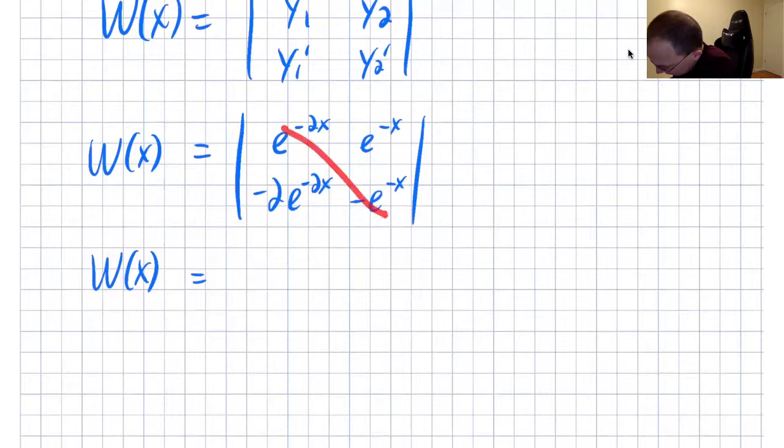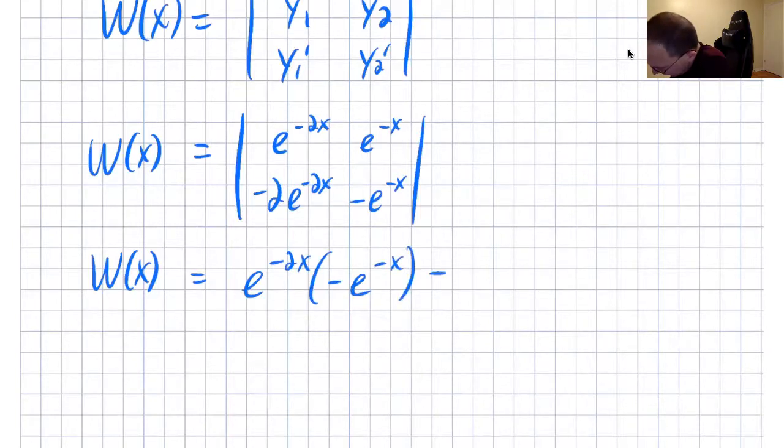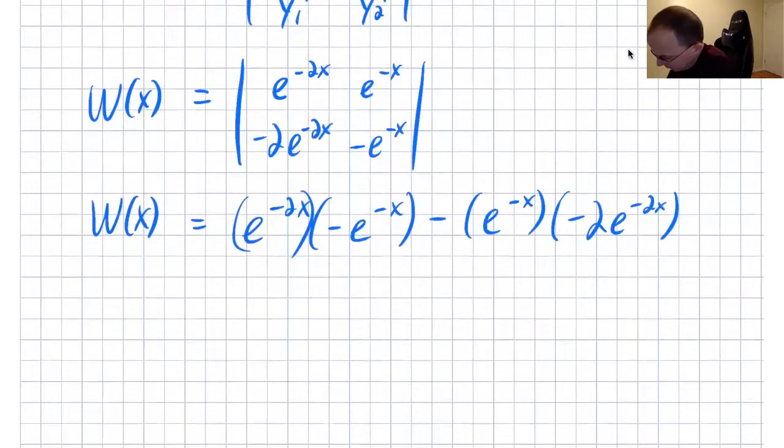Okay, so this times this. I guess I'll write it out, and then I'll simplify. Minus that times that. Okay, so there we have it. So this times this minus this times that.